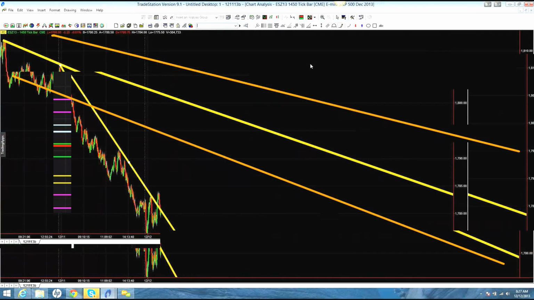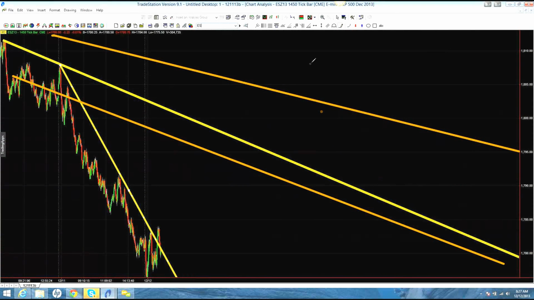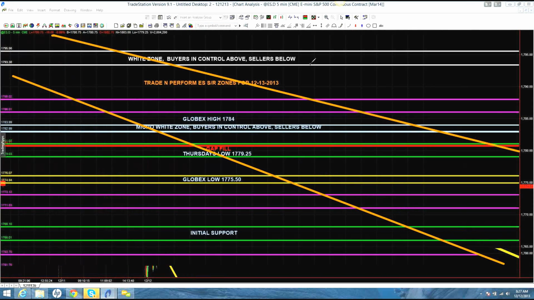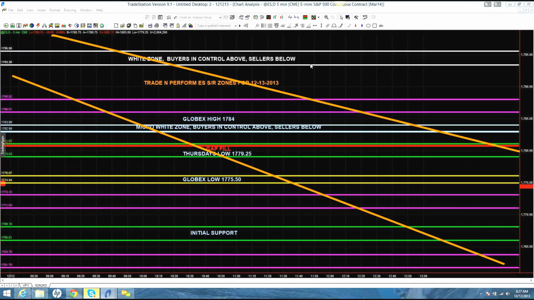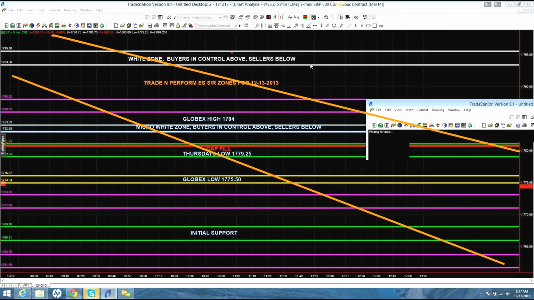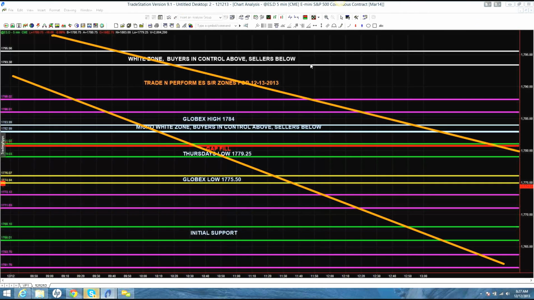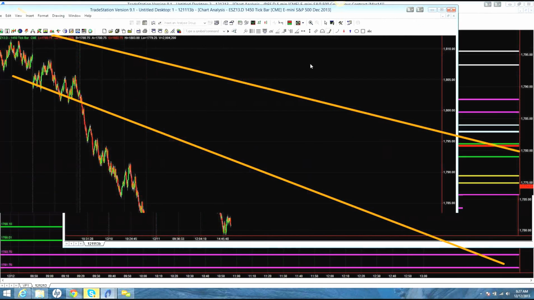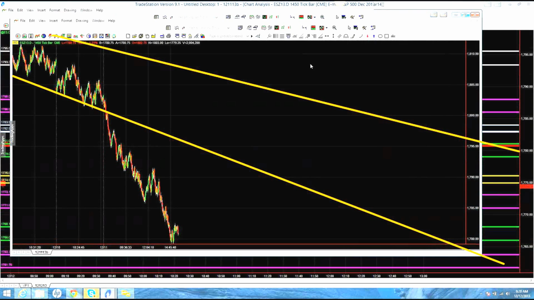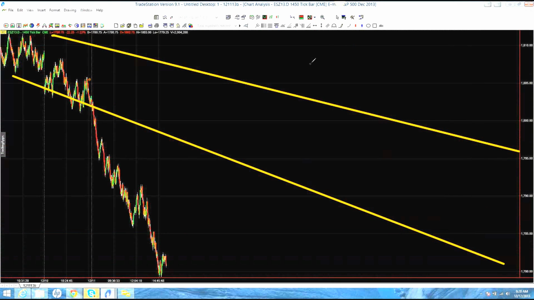I'm about to kill TradeStation. I would have on my screen this downtrend line right here, and I'm going to show it to you. This one right here.